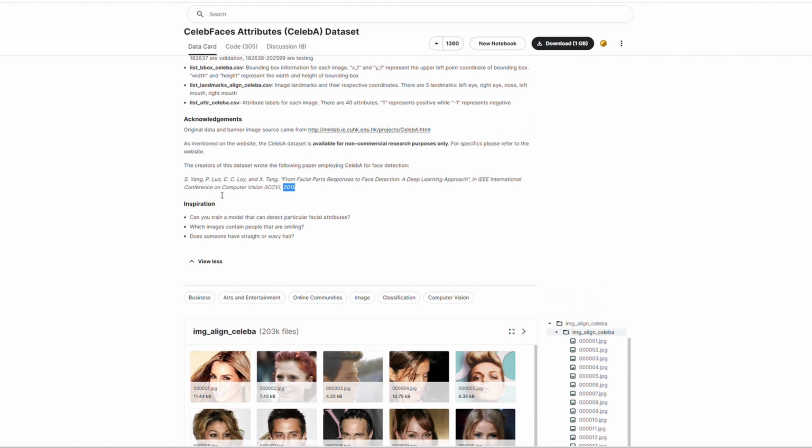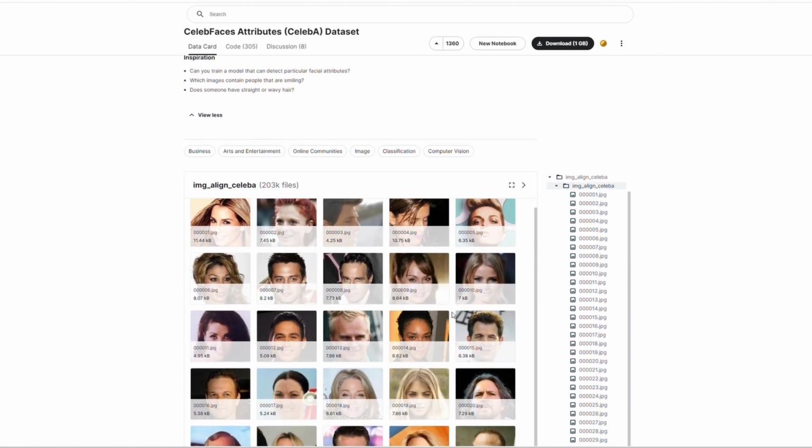They probably weren't anticipating, when they started collecting this data, they probably weren't thinking about generation. And yet, it probably was used in at least somebody's image generation set, right? They were looking at which images might contain people smiling. They wanted to have an image recognition system that could detect that. Does someone have straight or wavy hair? Okay.